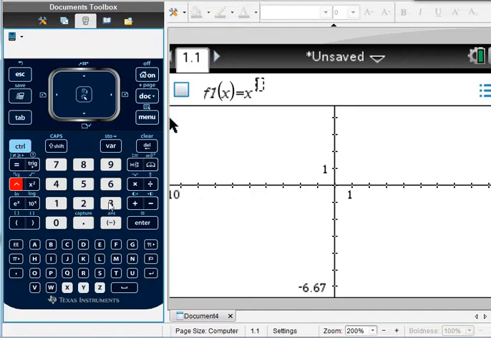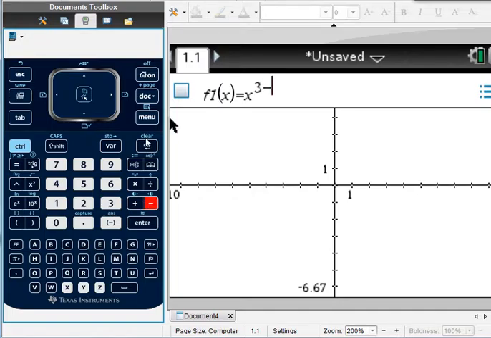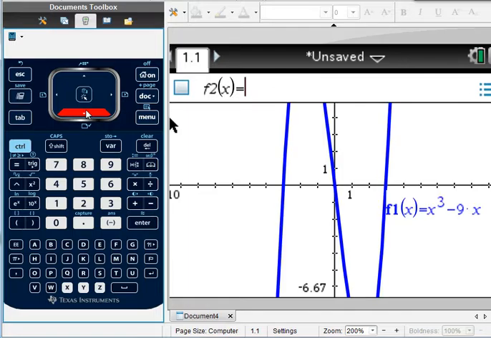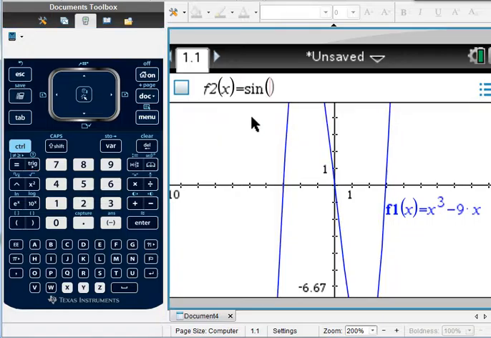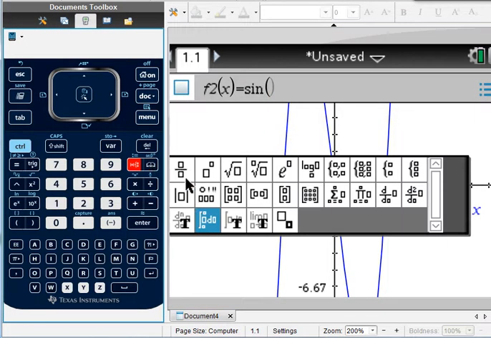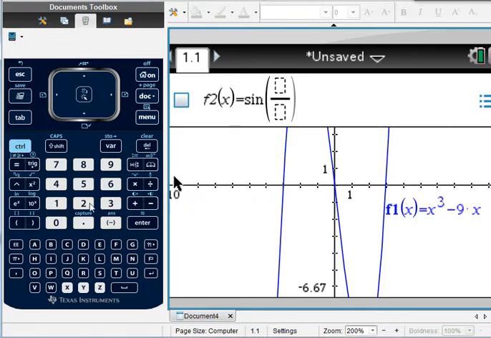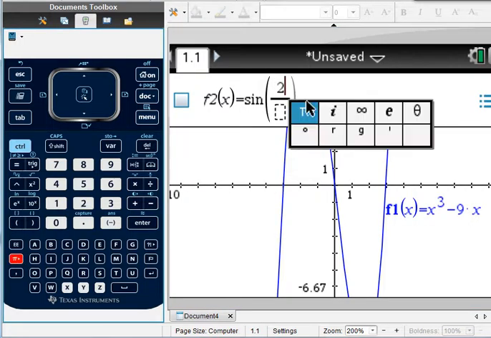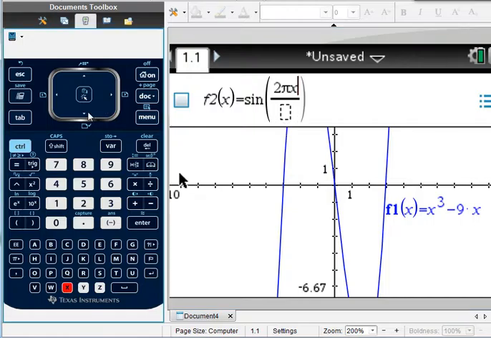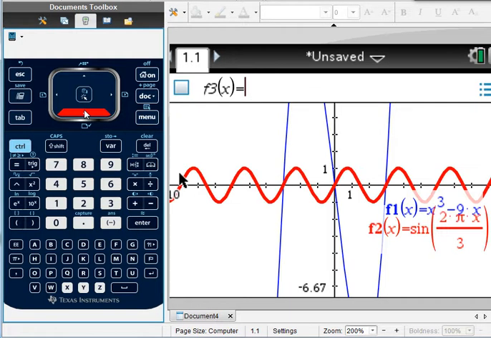So x cubed minus 9x and sine 2 pi x over 3 and -3.